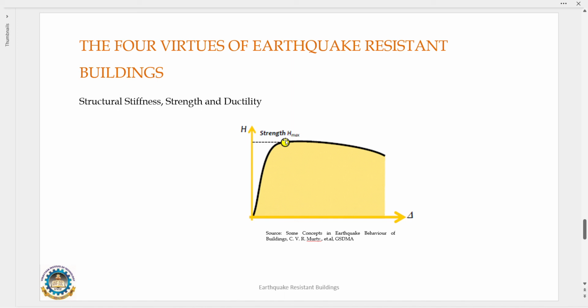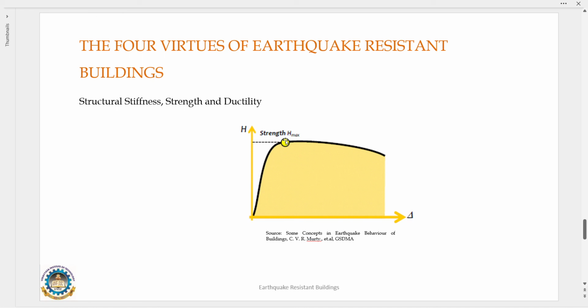The third virtue is at least a minimum lateral strength in each of its planned directions, to resist low intensity ground shaking with no damage, and not too strong, to keep the cost of construction in check. And the fourth one is a good overall ductility in order to accommodate the imposed lateral deformation between the base and the roof of the building. So these are the four virtues.